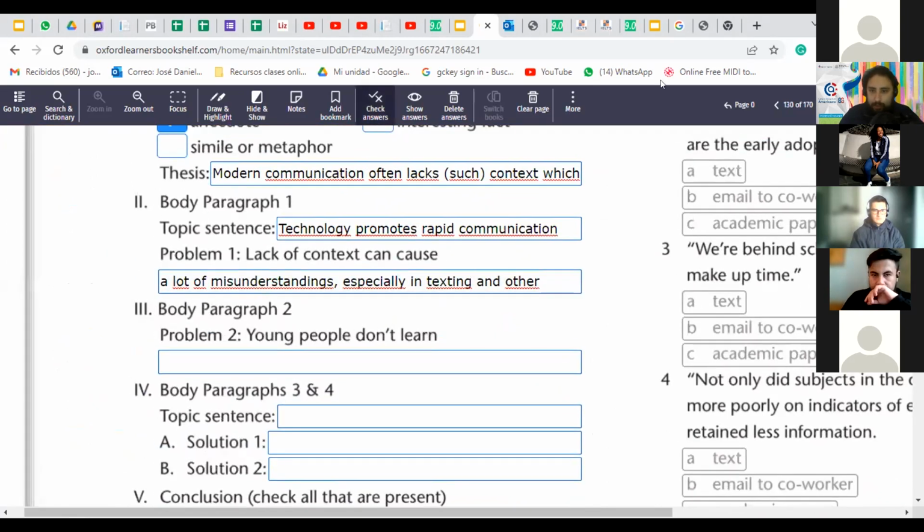Somebody from group number 3, maybe Camila. Problem 2. Young people don't learn. Are you there, Camila? Maybe then somebody else?